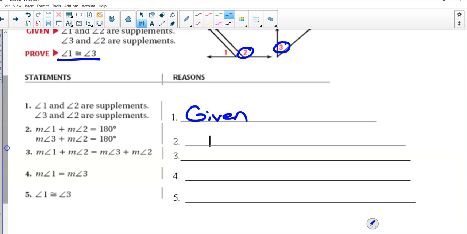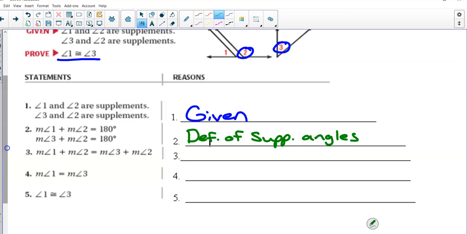So that's the definition of supplementary angles.